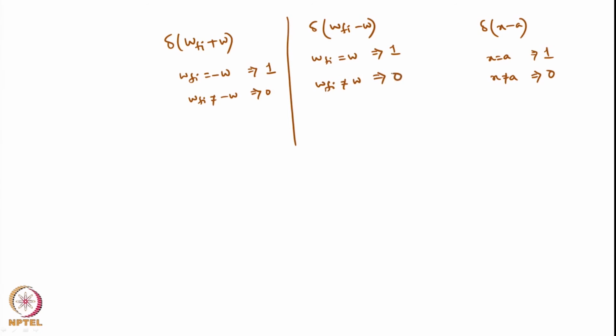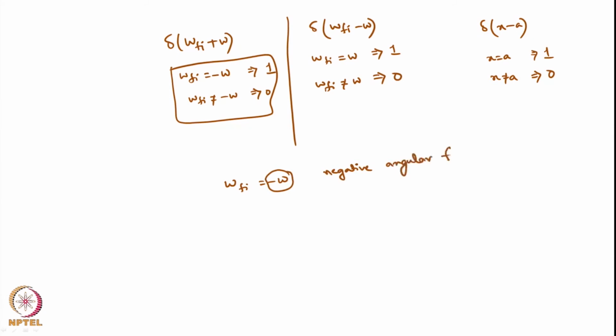Now, there is one issue. What is this condition? ω is angular frequency. How can angular frequency be negative? Here I am looking at a condition ω_Fi equal to −ω, which means this has to be negative, and negative angular frequency does not exist. One way to look at the negative angular frequency is emission of light.